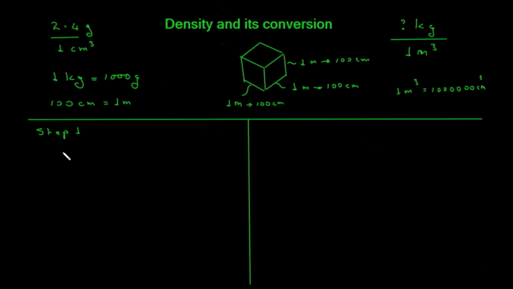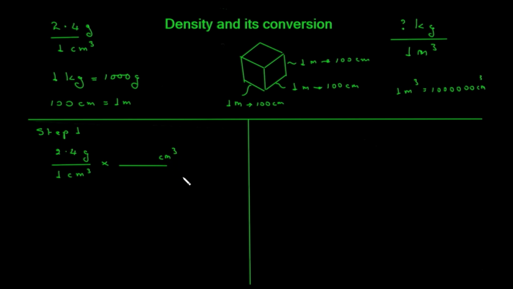So look, we have 2.4 grams, which is not going to change, over 1 cubic centimeter. Now what we want to do is put a multiplying line across. We want to get rid of the centimeters and in its place put meters. Now to get rid of centimeters we put the same thing up here.